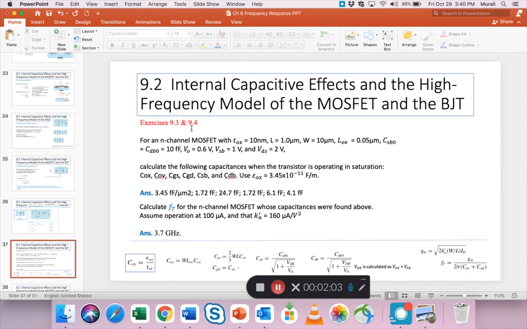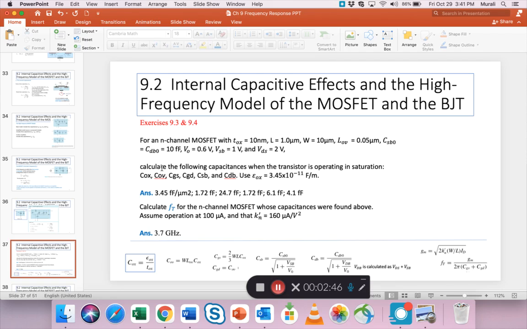All right, so the first exercise we look at is 9.3, and it says for an n-channel MOSFET with TOX given as 10 nanometers, length, width, LOV, the overlap length, then the CSB0, CDB0, 10 femtofarads, the V0, the barrier voltage or the natural voltage, VSB, the reverse source to body voltage is given, and VDS, drain to source, is given.